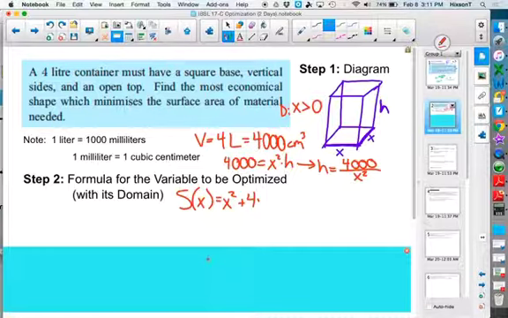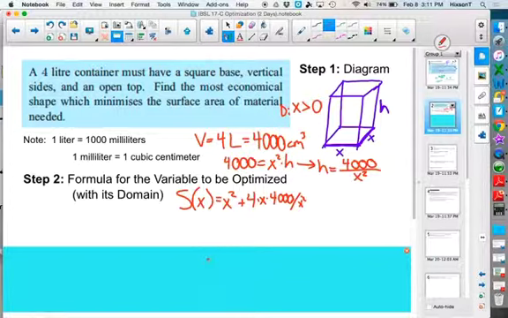So 4xh, but what is h? 4,000 over x squared. So if I plug in 4,000 over x squared times 4x, what does that give us? That's the surface area.